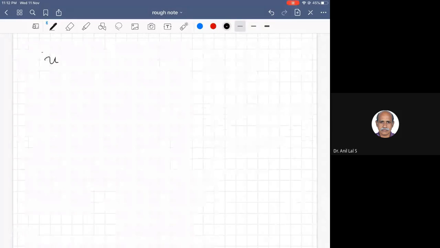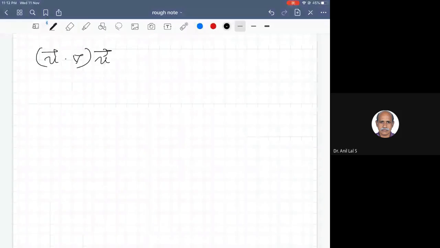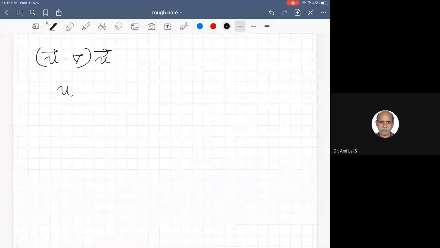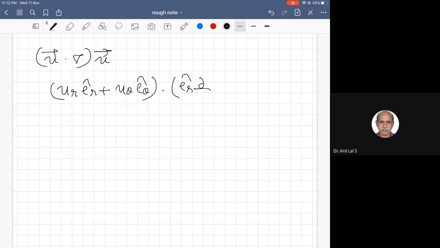U dot del of u. So u dot del is UR ER plus U theta E theta dot del, which is ER dou by dou R plus E theta dou by dou theta, right?